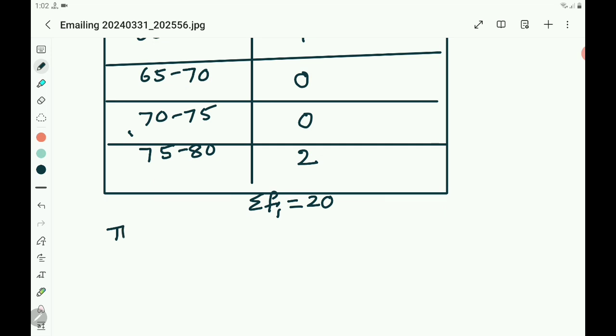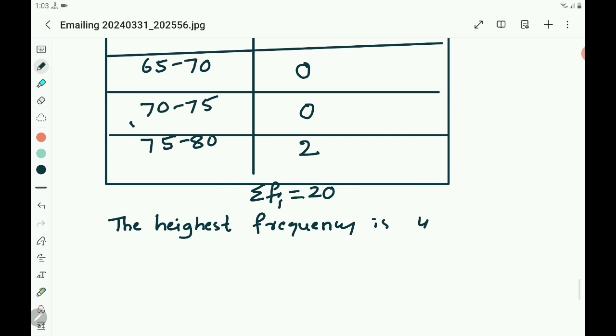The highest frequency is 4. Then 3 classes are having the frequency 4.